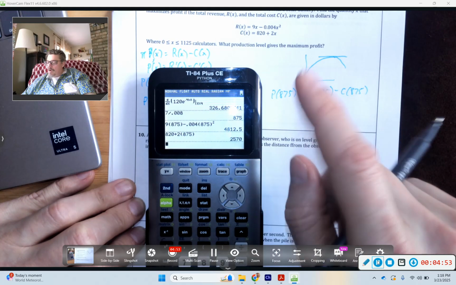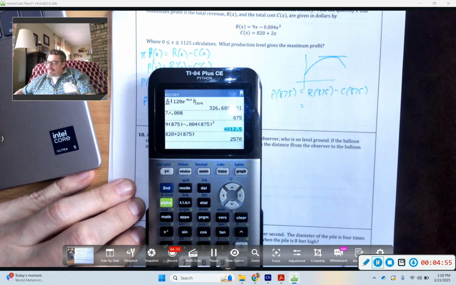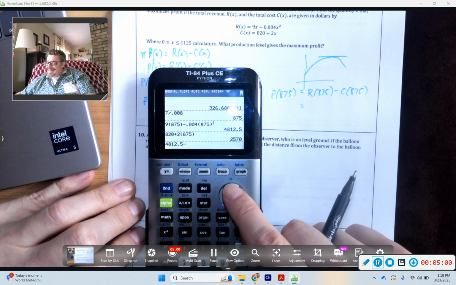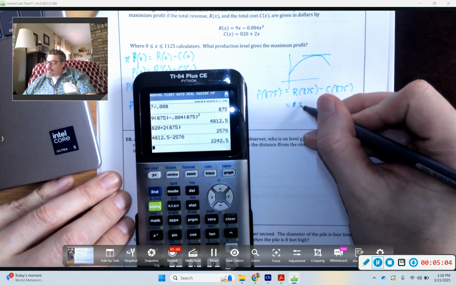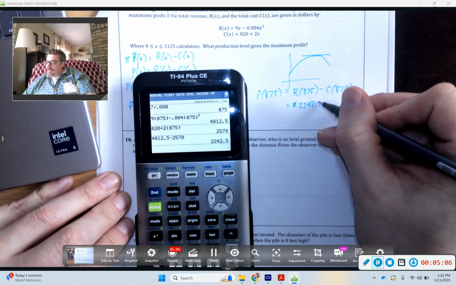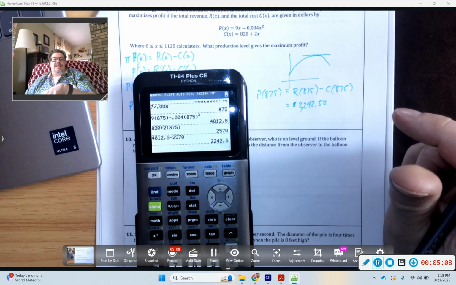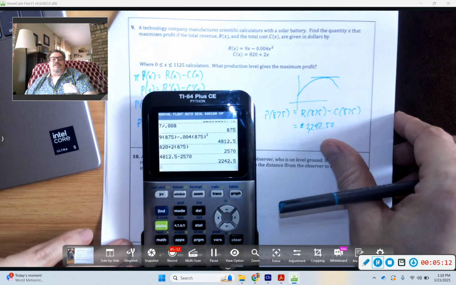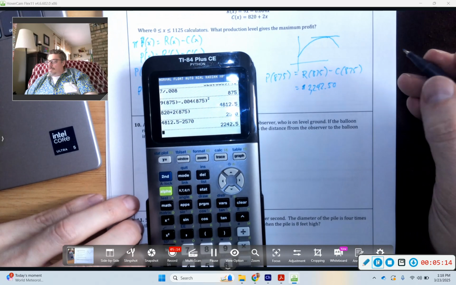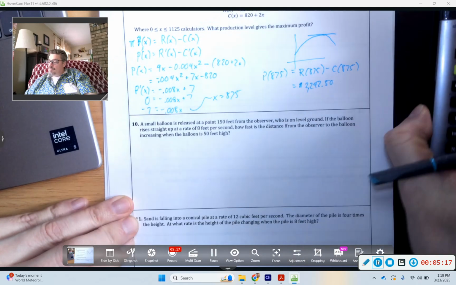So we're going to subtract those two. Take this guy, subtract this guy, minus this guy, and we get $2,242.50. That's the maximum profit for this situation, and that is profit in dollars.